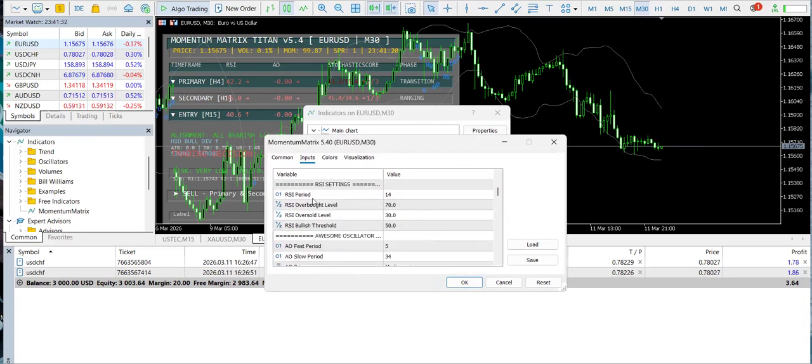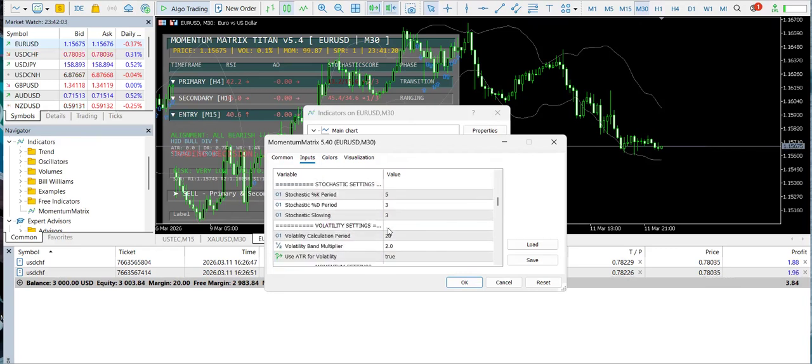You leave that. The RSI period you can change based on your own preference. For the overbought level, you can even put 100, it's fine, or 70, it's fine. And for oversold, you can put 10, or 0, it's also fine. You can leave the bullish threshold for now.